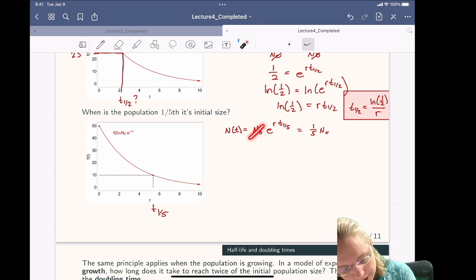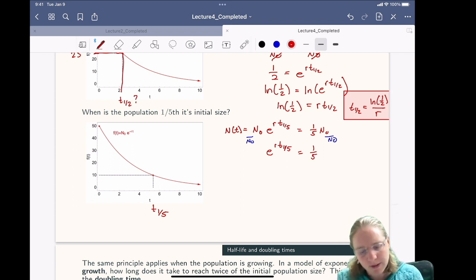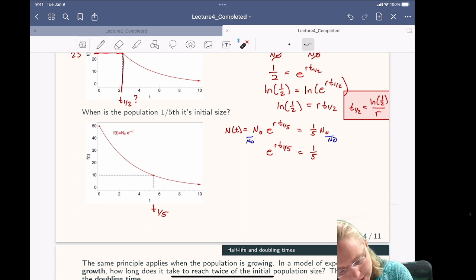We can divide both sides by N0 to get rid of that. And we end up with e to the r, our 1/5 life, is equal to 1/5 over here. How do we isolate that t to the 1/5 life here?